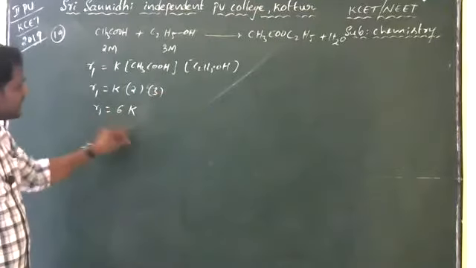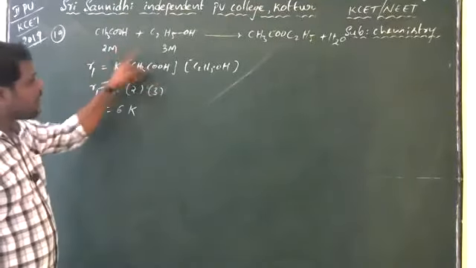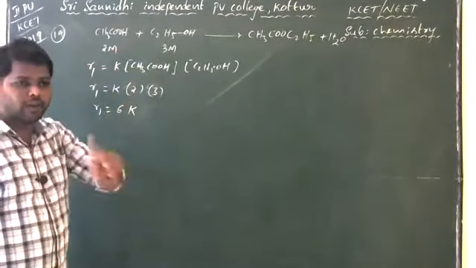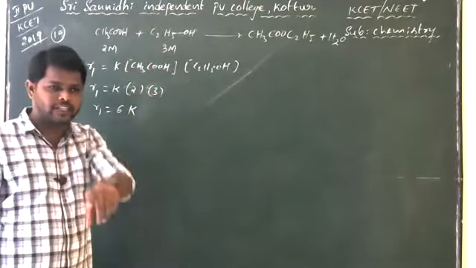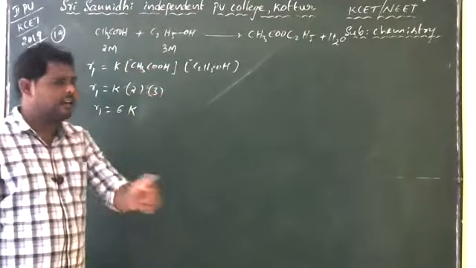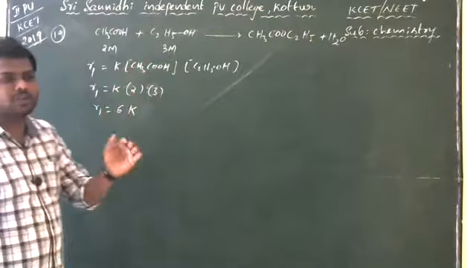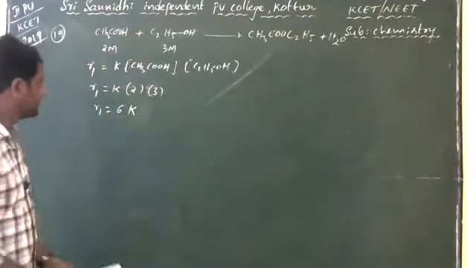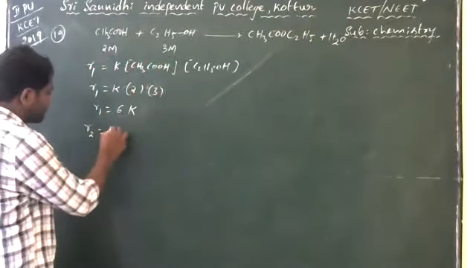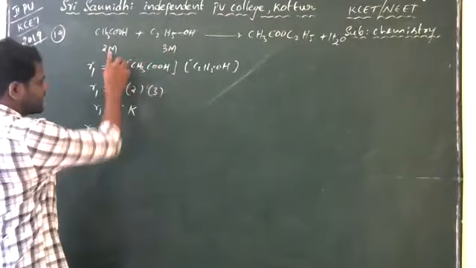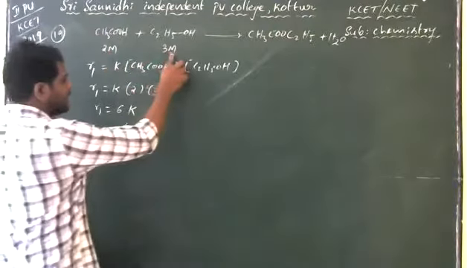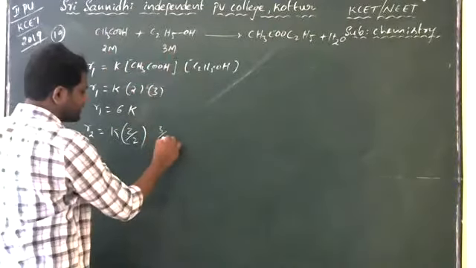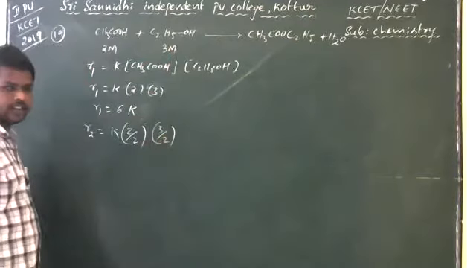Then what they have done now is added water, diluted it with an equal volume. Whenever you add water, the concentration must be reduced to half. That means now R2 is equal to K into the concentration, which has become half, 2/2, and the ethyl alcohol concentration is also half, 3/2.